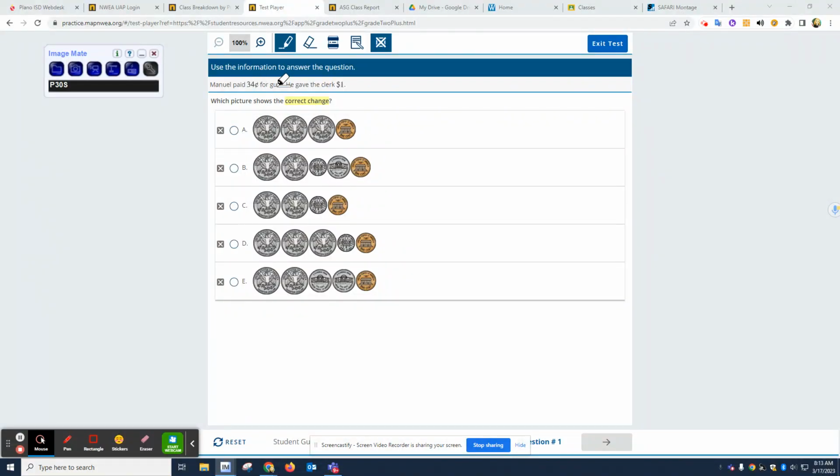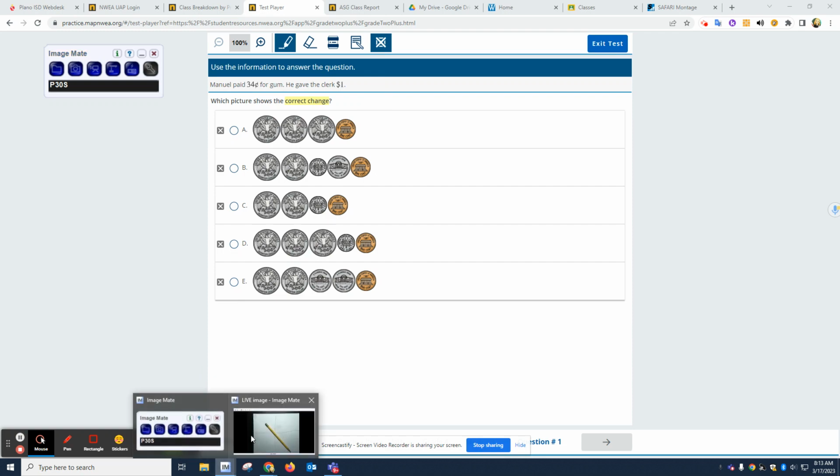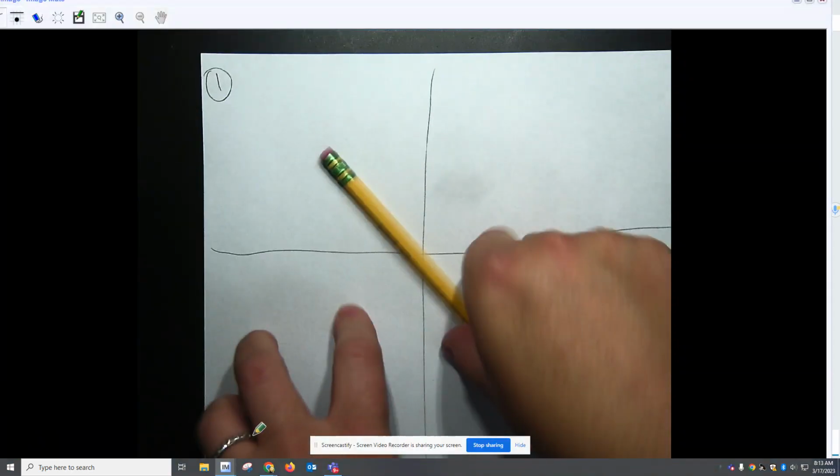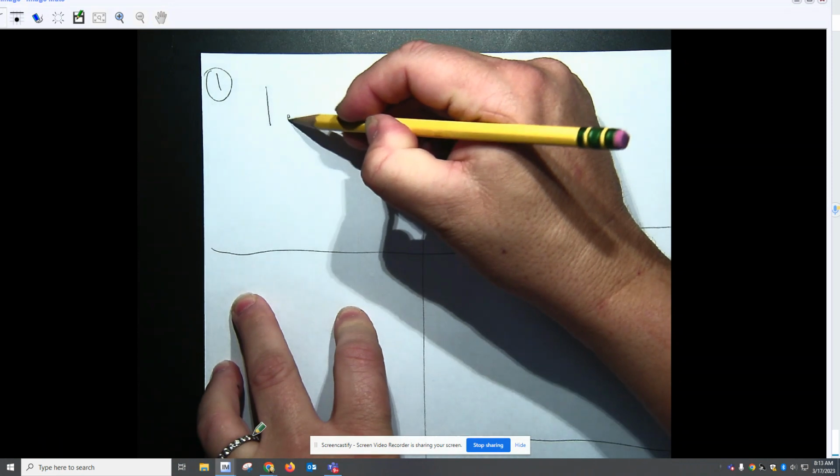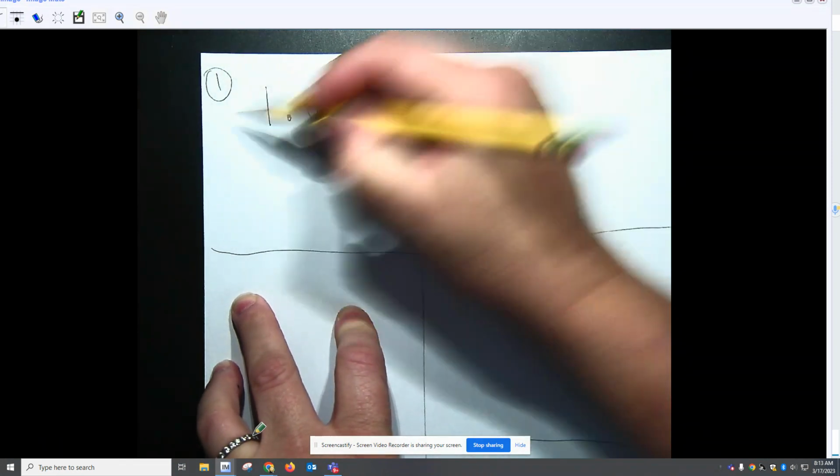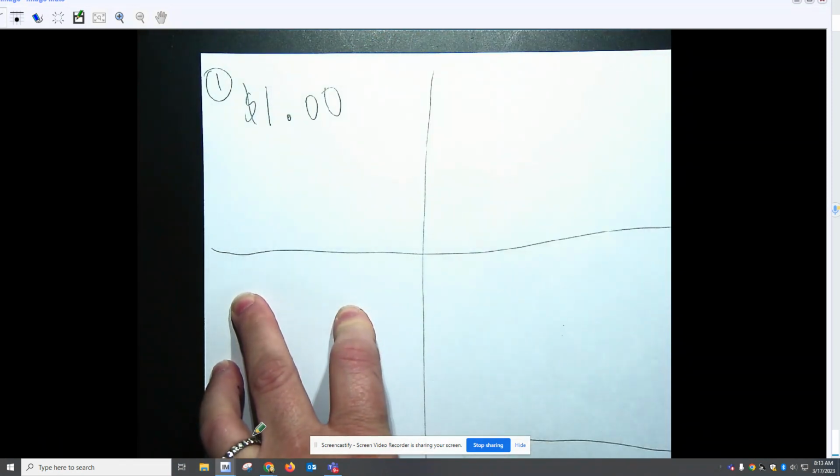And then when I look at my problem, it says he paid 34 cents and he gave the clerk $1. So this is a subtraction problem. And I know that because the clerk has to subtract the cost of 34 cents from the dollar. So I'm going to go back to my notes and I'm going to write 1.00, which represents $1.